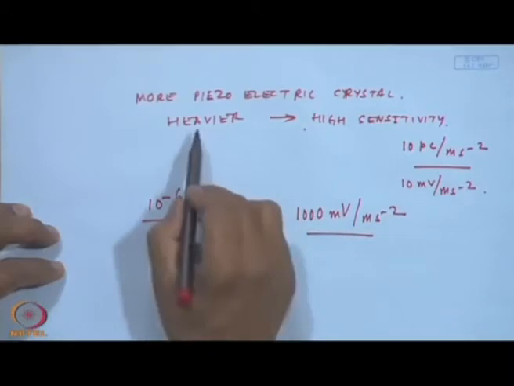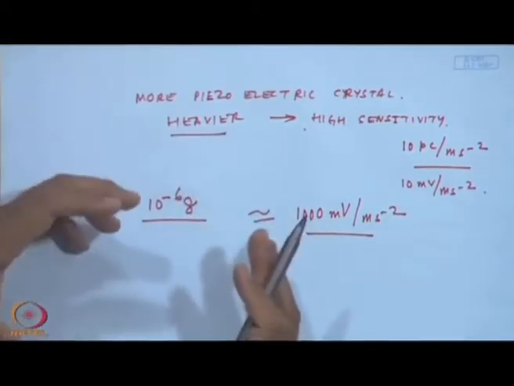So, this calls for very massive amounts of piezoelectric crystals. So, whenever you have high sensitivity requirements, the transducer will be big and heavy, but you have to pay a price for the transducer being big and heavy. The frequency response will be low.